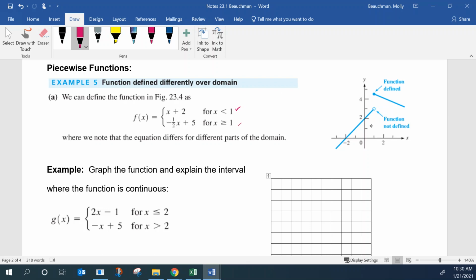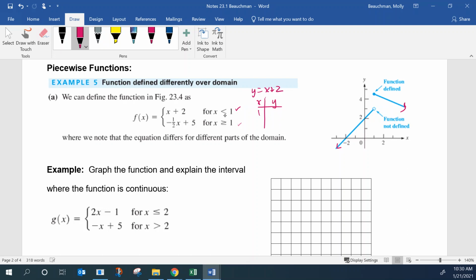So to graph these, and we've got them graphed on the right, an easy way to graph is take a look at where they're defined, x is less than 1. So for this first equation, x plus 2, I'm just going to plot a couple of points. I want to let x equal 1 because that's where the domain is restricted, and that's where they're going to overlap.